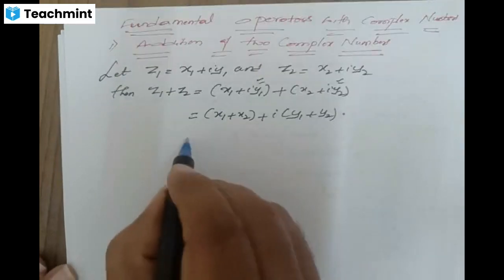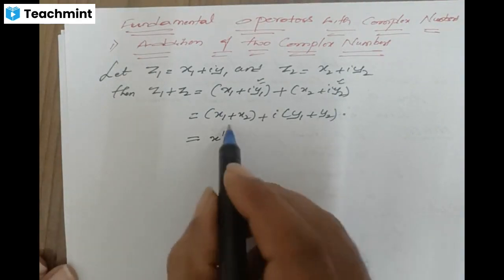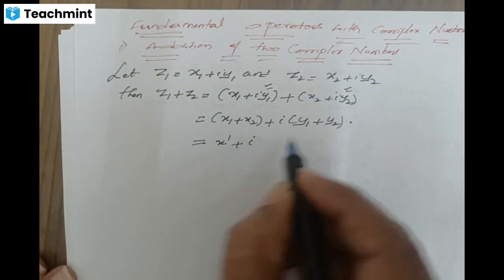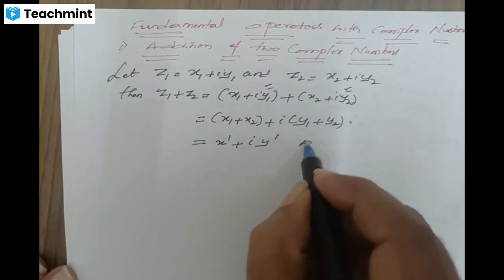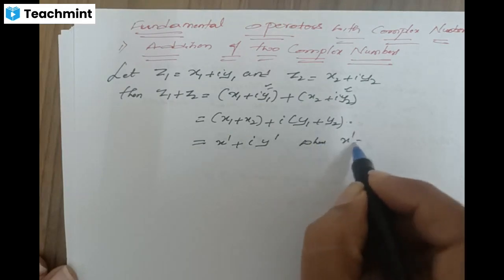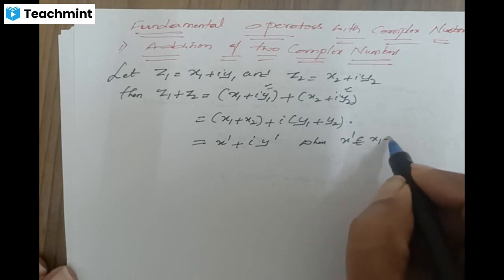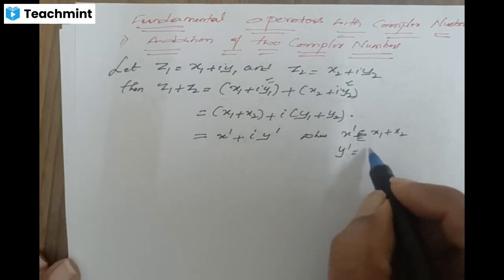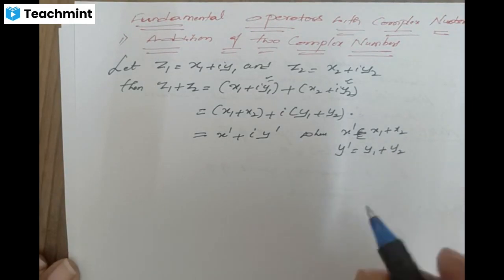We can add x1 plus x2 and get some value, I call it x dash, plus i into y1 plus y2, which gives some value I call y dash, where x dash is x1 plus x2 and y dash is y1 plus y2, both belong to real numbers.